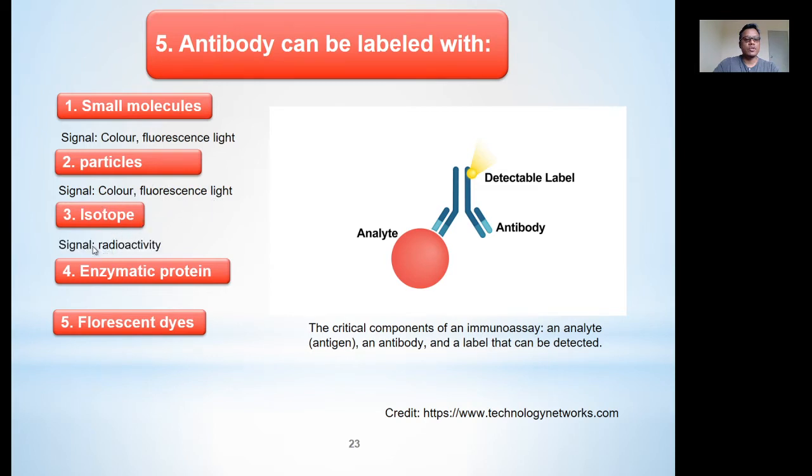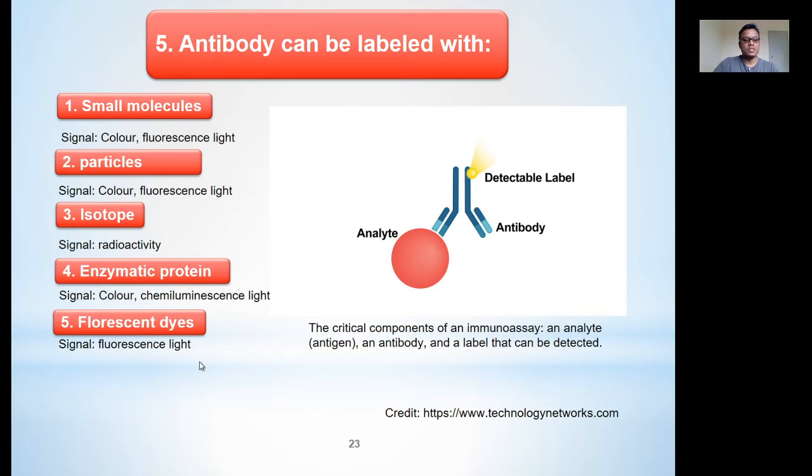For isotopes, we will measure the radioactivity or radio emission level, because an isotope is a radioactive signal label. In enzymes, the signal will be the formation of color or light from a chemiluminescence reaction. In fluorescent labels, we are also looking for light in the form of fluorescent light.